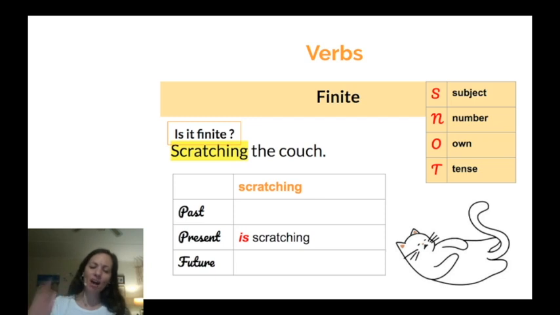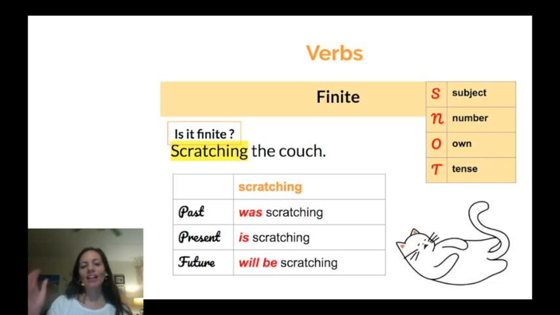Now look at the past. If Twiggy was scratching in the past, of course, I would add the auxiliary was. And what about if she did it in the future? Well, it would be will be scratching. So in that situation, we can see that by adding these helping verbs or auxiliary verbs, it's actually those that are giving the tense and in most situations, the number in that verb.